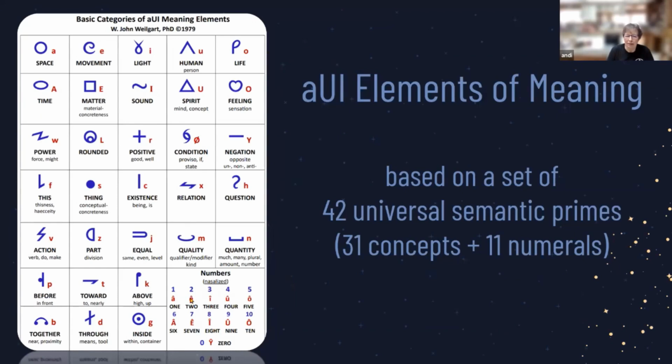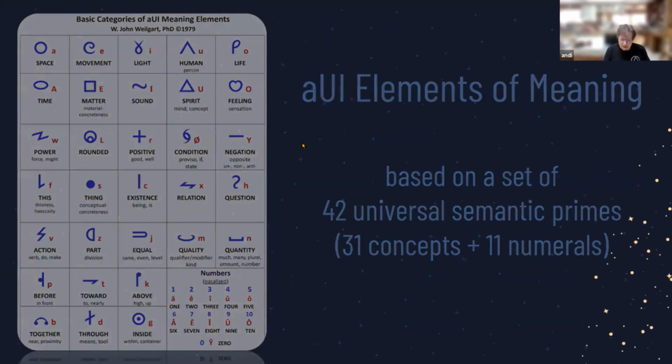The colors are made with nasalized vowels that represent the numbers. So the first light is red, and the second light is yellow, and so forth. And the numbers are also used in words that show dimensions, like length and width. So the first dimension and second dimension, and so forth.